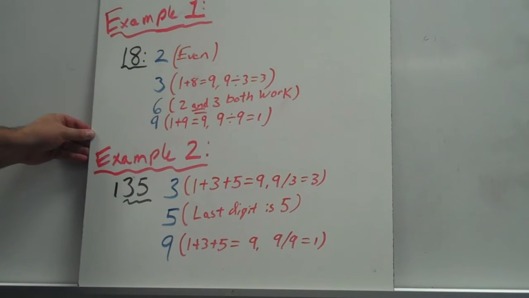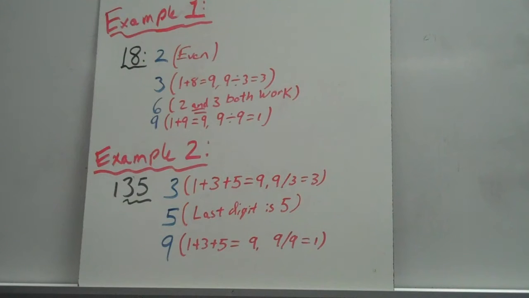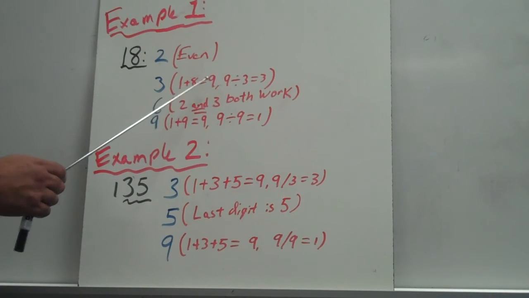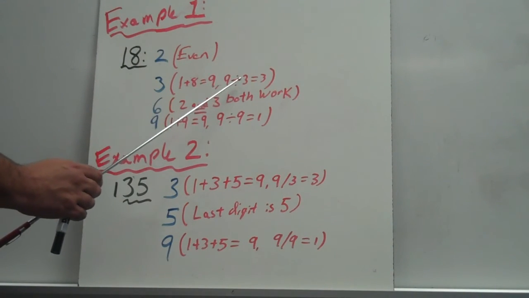So, for our first set of examples, we have the number 18. So 18 is an even number. 8 is an even number, it's the last digit. It is divisible by 2. 18 is divisible by 3 because if I take 1 plus 8, I get 9. And we know that 9 divided by 3 is 3.